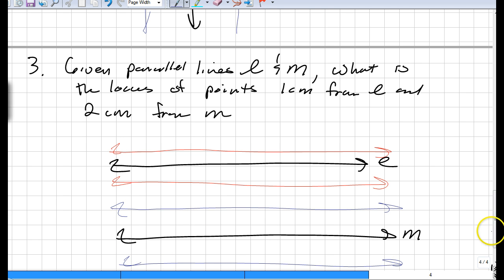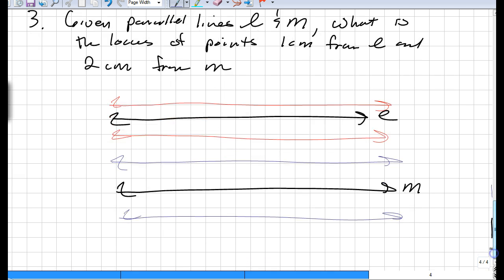Okay, so in the way that I've drawn it here, they have no points in common because the red and the blue do not intersect anyway. So this picture would be no points.